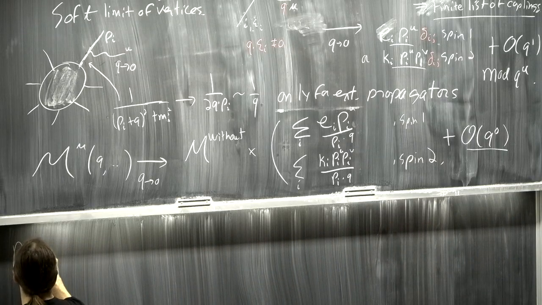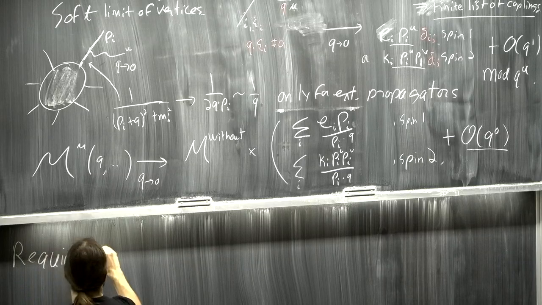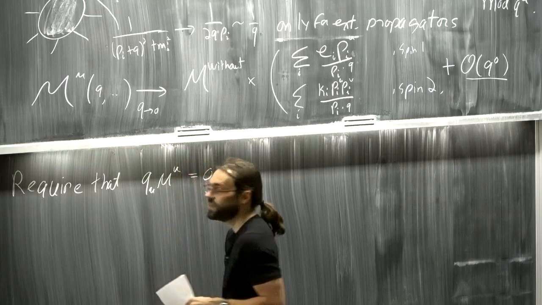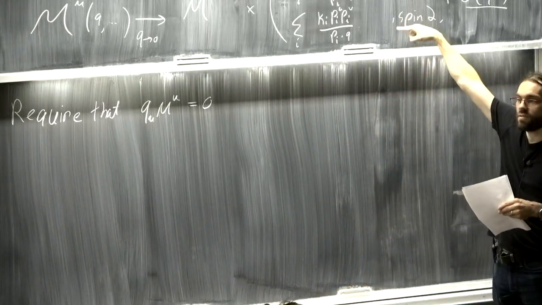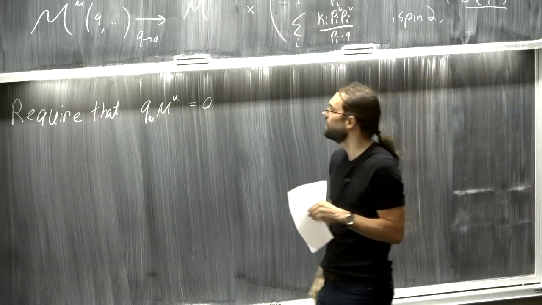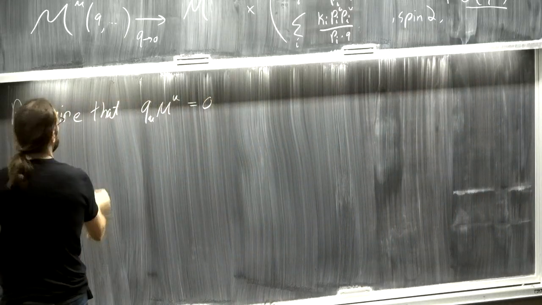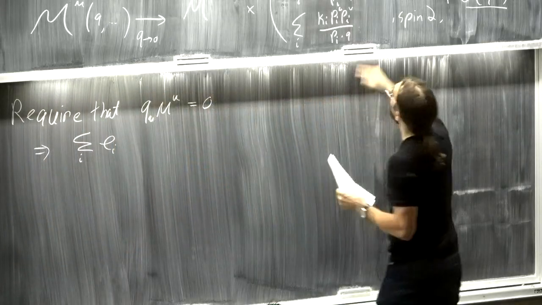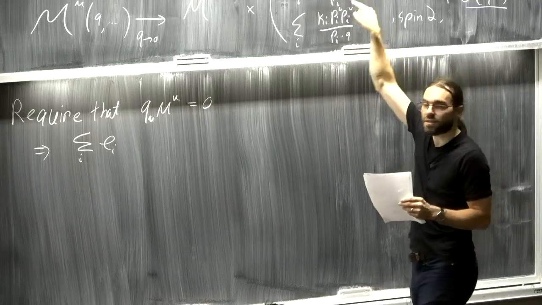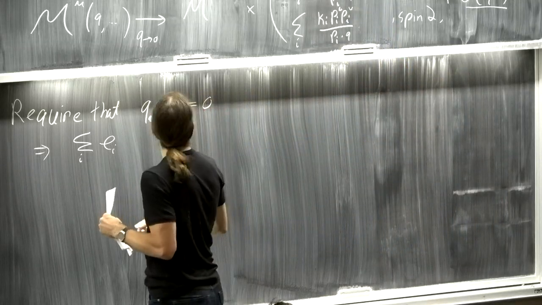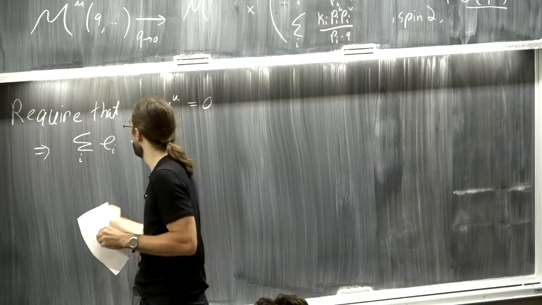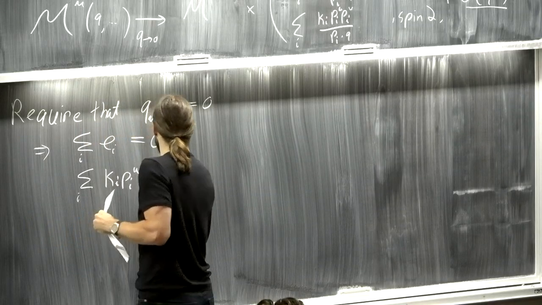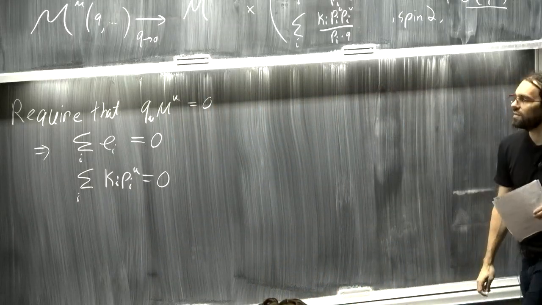So if you require that q^mu dotted into epsilon_mu equals 0, you get some interesting constraints on these couplings. Notice that when you dot into q, you cancel this denominator, so you get a clean sum over all the particles of e_i equals 0. Or for gravity, the sum over i of kappa_i p_i^mu equals 0. Maybe there's a new index there.